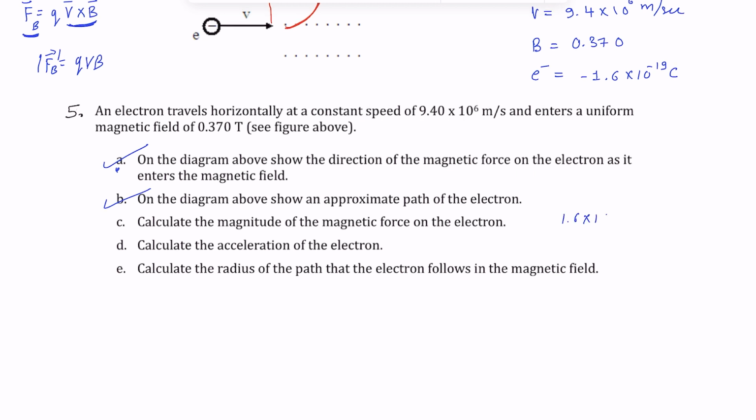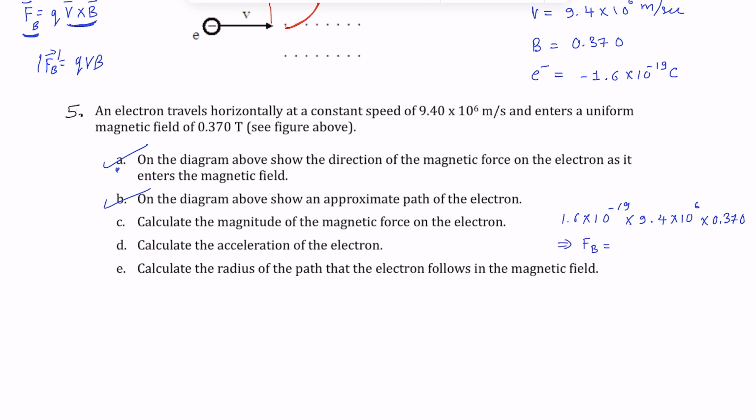So let's solve this real quick. Q is 1.6 times 10 to the minus 19. Remember, I'm talking about only the magnitude, so I don't really care about the sign at the moment. Times the velocity, that is 9.4 times 10 to the 6, going real fast. And the magnetic field is 0.370 Tesla.